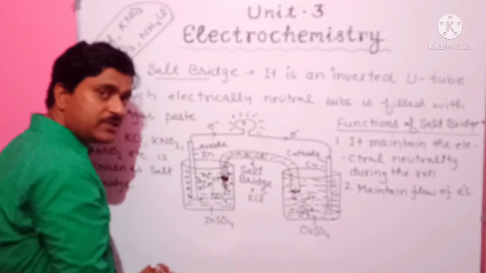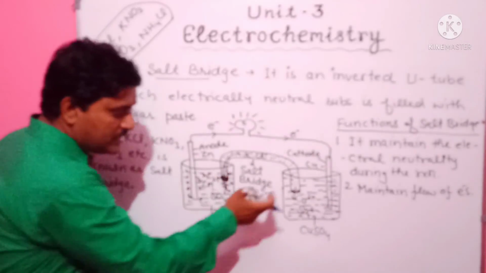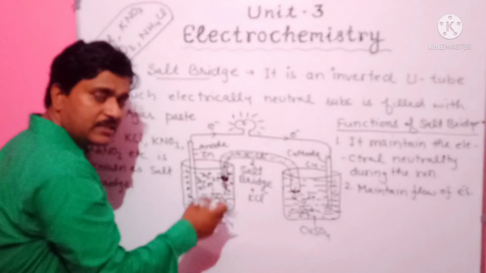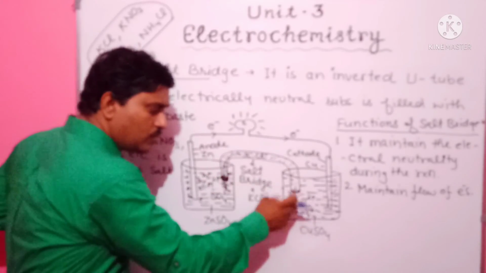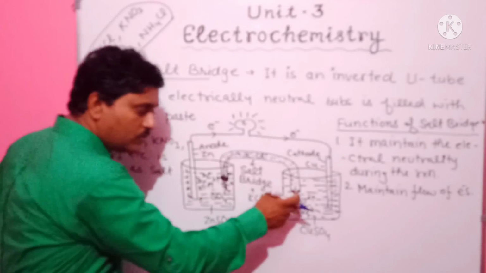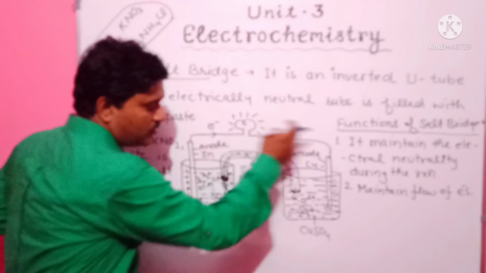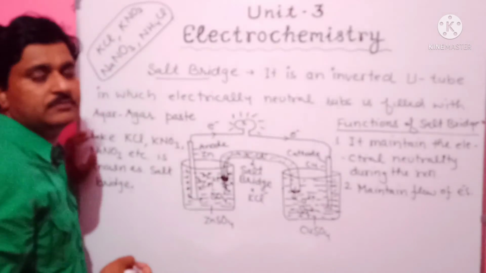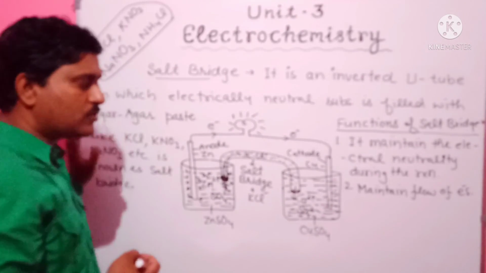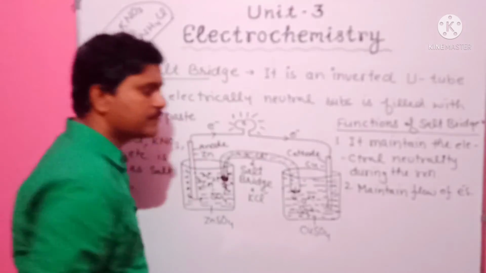Similarly, here there is no negative charge accumulating because the positive charge reaches the sulfate ions and gets neutralized. There is no positive charge accumulation, so no negative charge accumulates on the electrode, so electrons are attracted here. So there is a flow of electrons.